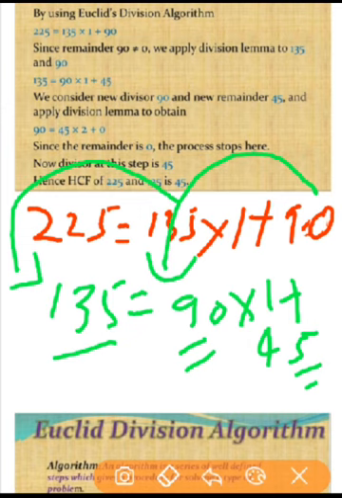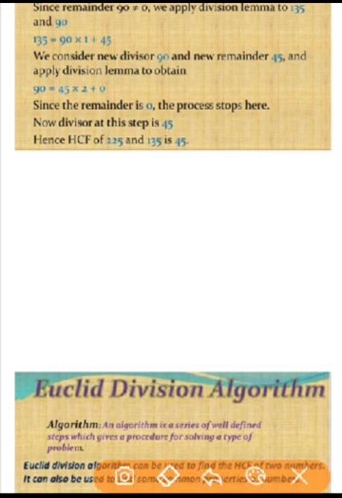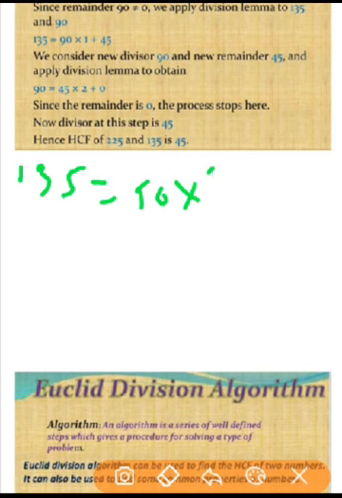Okay, then for the third step, you tell me what will be the dividend. The second step was 135 equals 90 multiplied by 1 plus 45.